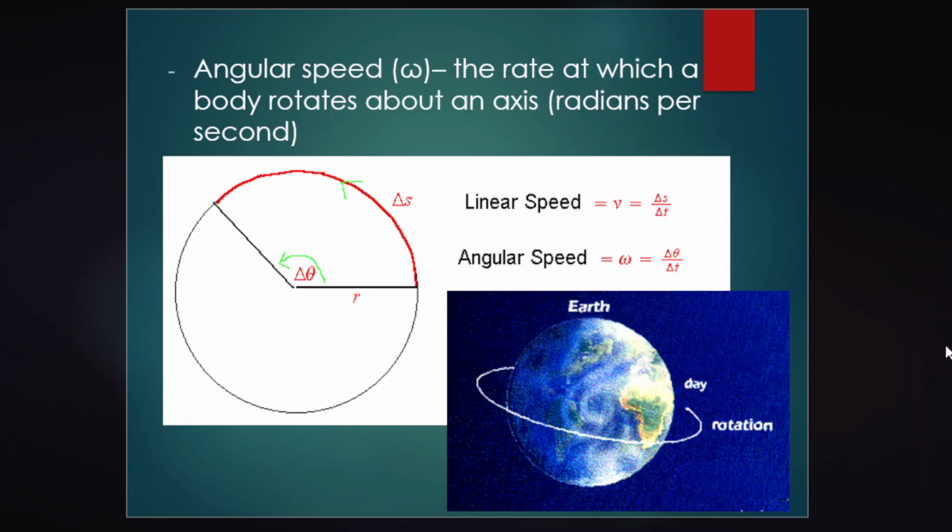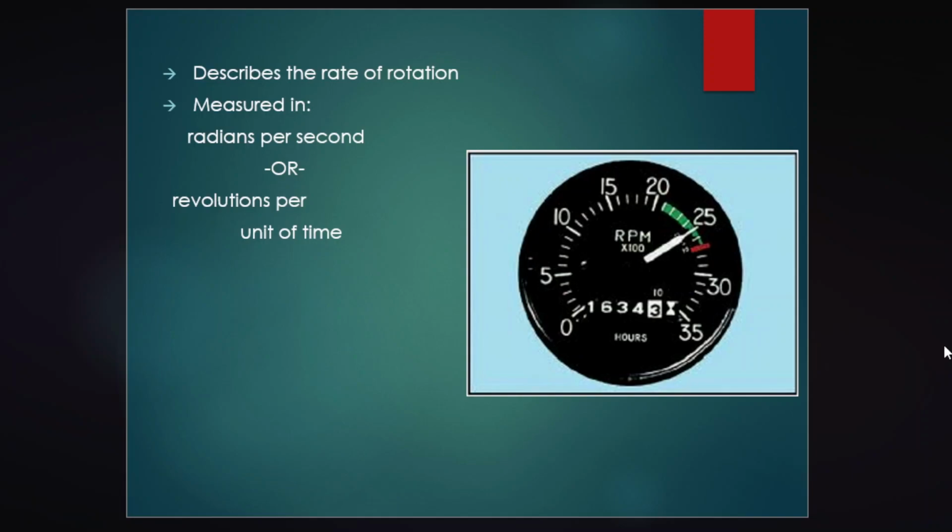I forget the exact time. But it describes the rate of rotation measured in radians per second, or sometimes we do it in revolutions per time. Like the Earth, you'd have one revolution every 24 hours, or one rotation per day.